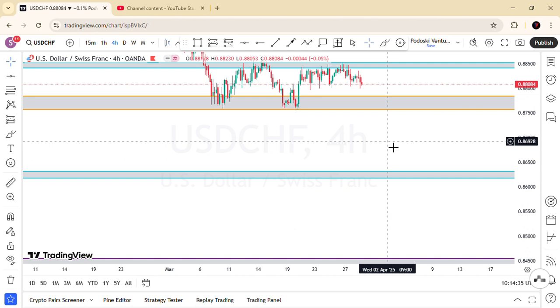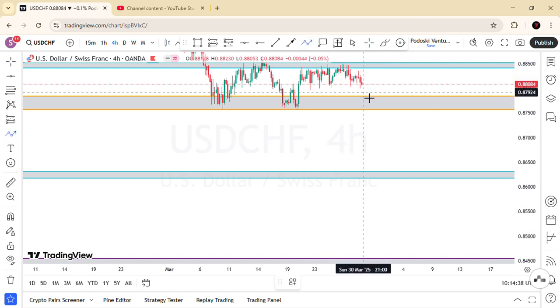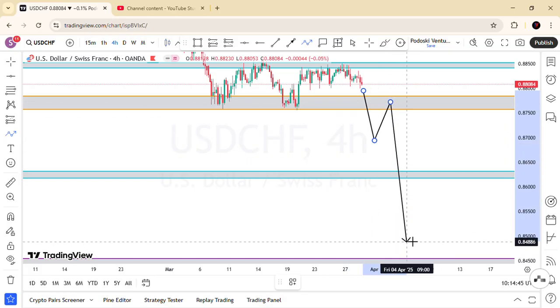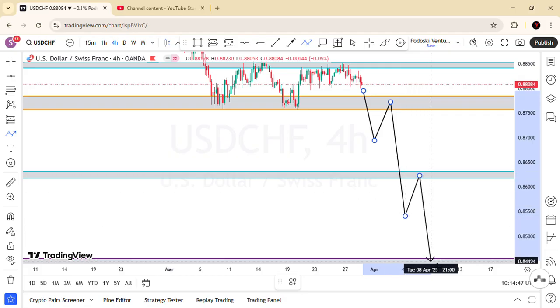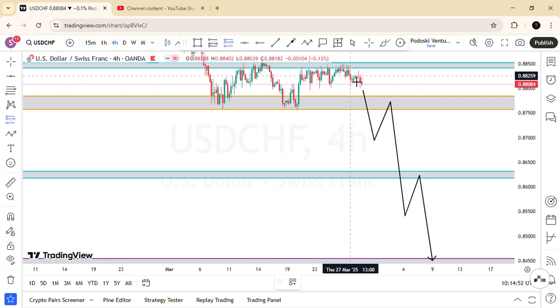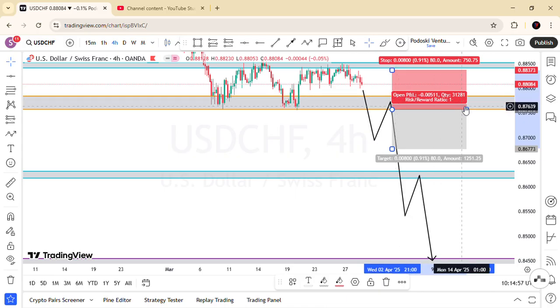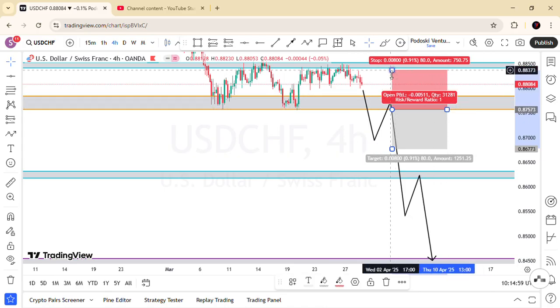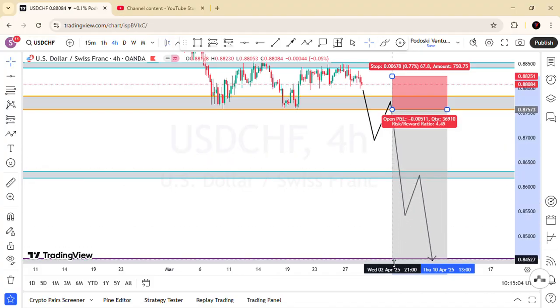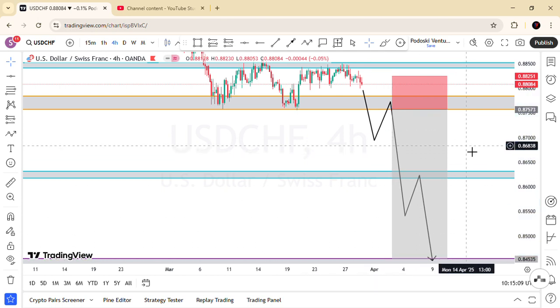This is how we expect it: a breakout, a retest, then a continuous drop to the downside like this. If price breaks out of the zone and comes back for a retest over here, then we can be looking for selling opportunities all the way to the monthly zone.